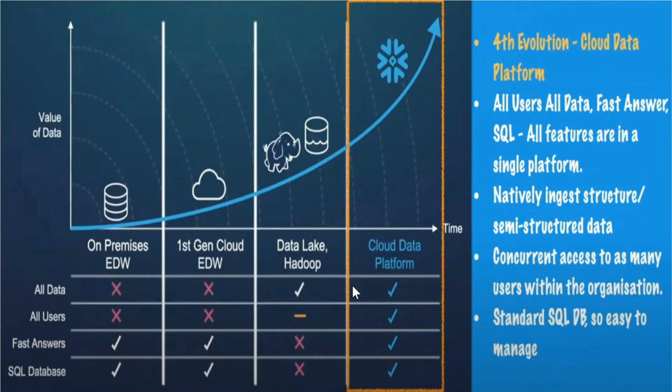Here you see all the users, all the data, fast response times, and SQL. Earlier, with different applications and data types, you had to use multiple ways to analyze the data, like Python scripts and NoSQL constructs.